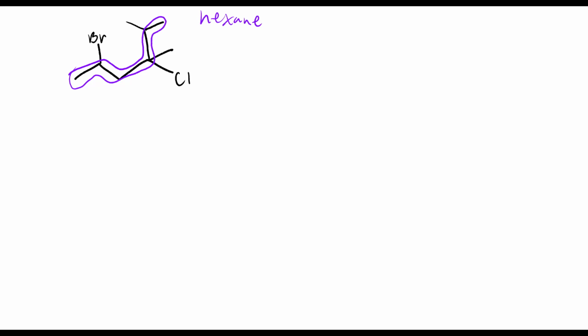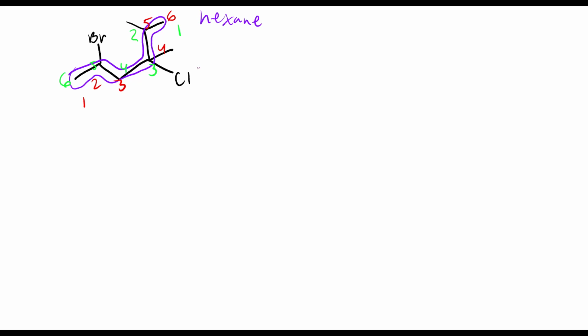All right, so let's start numbering. Would I number going this way? Well, not exactly. Because if I number it in green, this is the correct way. 1, 2, 3, 4, 5, and 6. I'd rather have chlorine and methyl on 3, right? Because the red one shows them on 4.